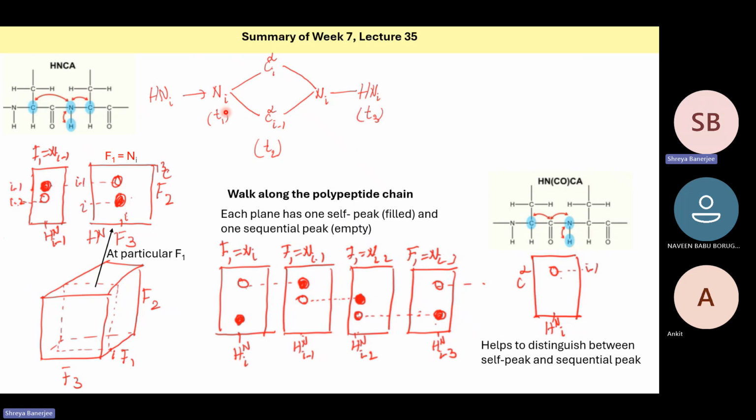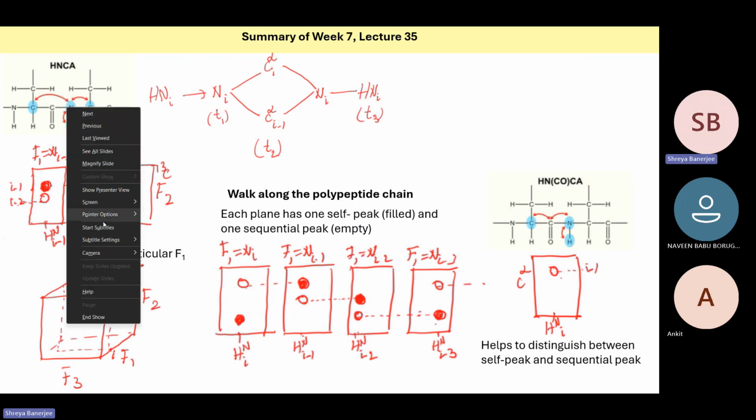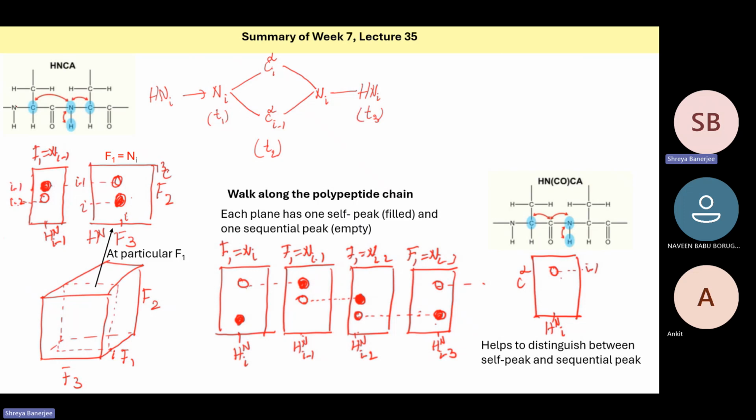So the first frequency axis, or F1, corresponds to N15. So F1 shown here is N15. Then from the N of the I residue, the magnetization is transferred to I minus 1 and I. So magnetization is transferred to C alpha. These are both C alpha.